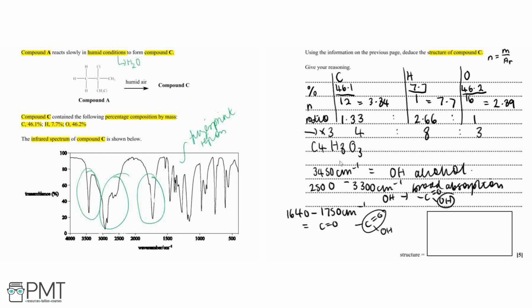So it's time to put all of this information together now. So looking back at our empirical formula, when we compare this to our compound A, they've got the same number of carbons. So therefore, a good deduction to make would be that this also would have the same number of carbons, hence this is also going to be our molecular formula. So if we draw in our carbon framework then to start us off, we're sticking with the same number of carbons, so a good deduction to make would be that our carbon framework won't be affected too much.